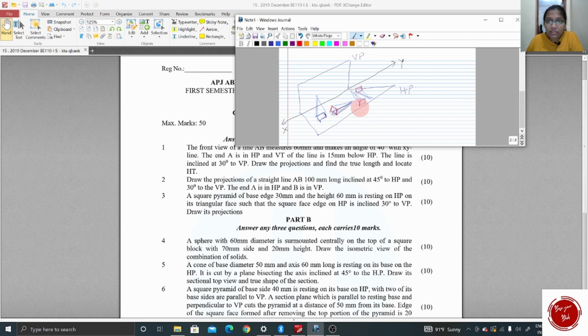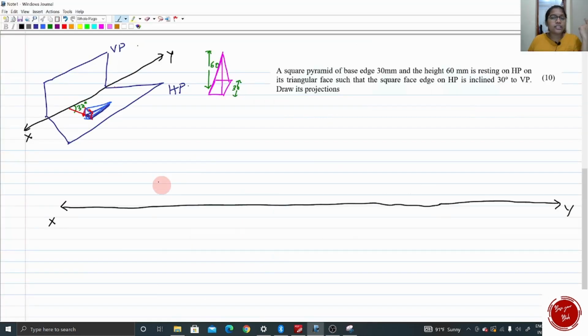We have to identify which of the positions is suitable to the question. So the base edge on HP is inclined 30 degree to VP. So this edge is making some angle with the VP. Okay, this is your VP plane, isn't it? So this could be the possible position of the pyramid. Fine. So let's start drawing.